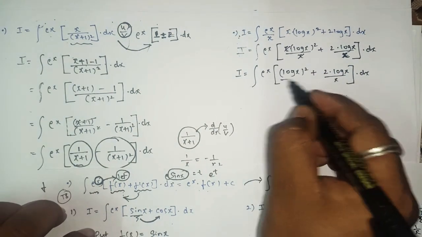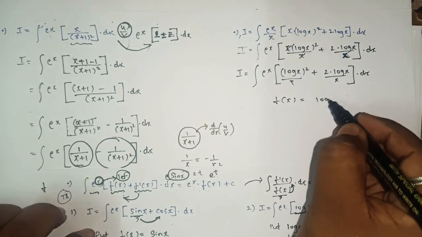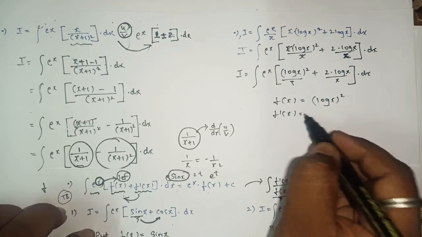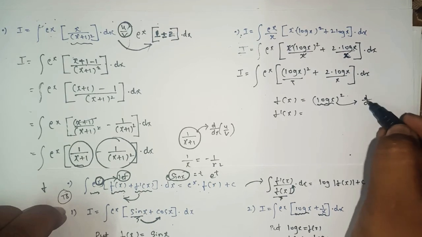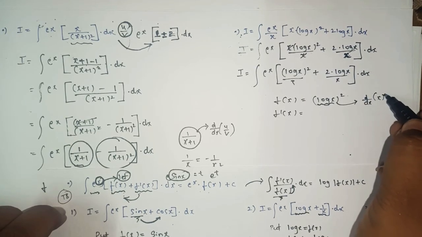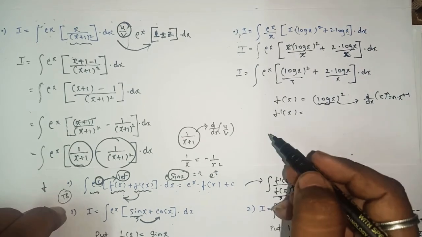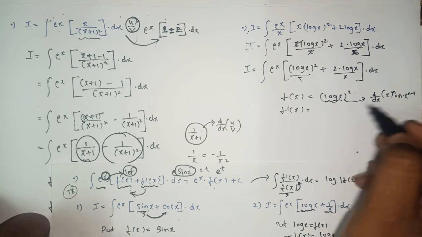Suppose we consider this part as f of x, so f of x equals log x the whole square. So what will be f dash x? This looks like the formula of x raised to n, which is n into x raised to n minus 1. But here x is replaced by log x, so we have to apply the chain rule.